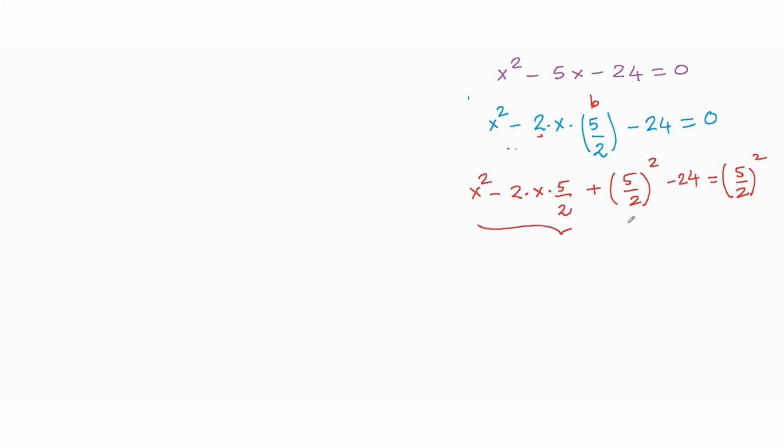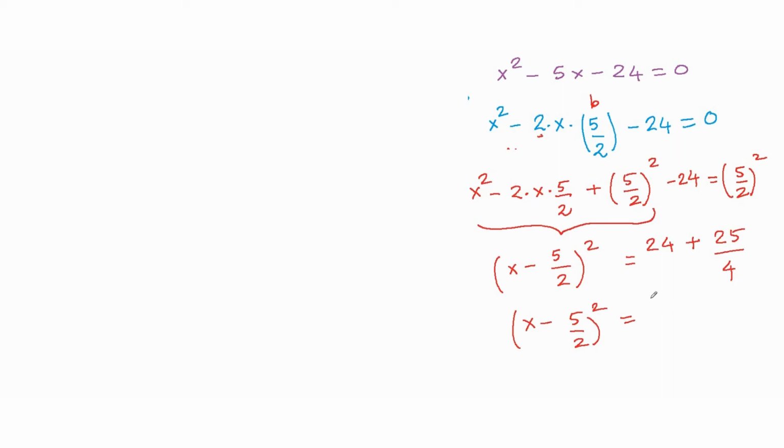The first three terms are forming my square. So that means x minus, because there's a minus sign here, it means this is minus 2ab. So this is x minus 5 by 2 the whole square is equal to, let's shift the 24 to the other side. So 24 plus 25 by 4, 5 by 2 the whole square is 25 by 4, which means x minus 5 by 2 the whole square is equal to 96 plus 25 is 121 by 4.